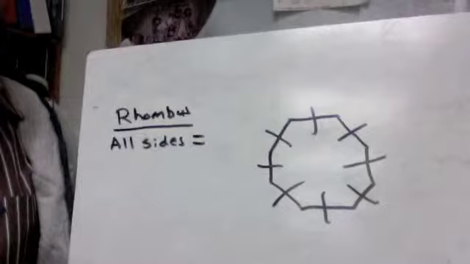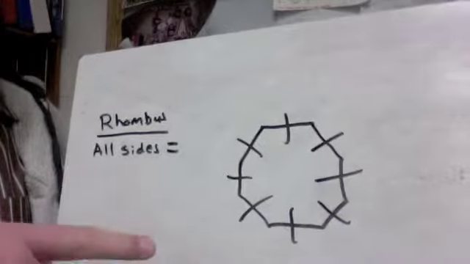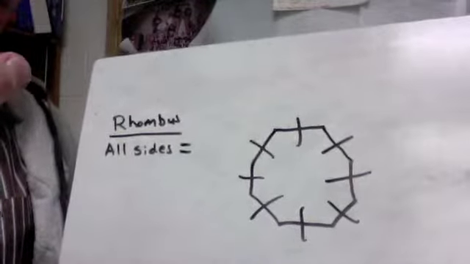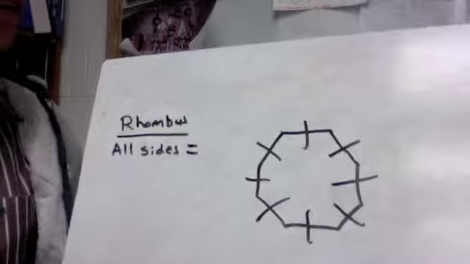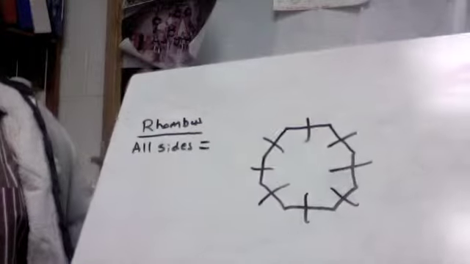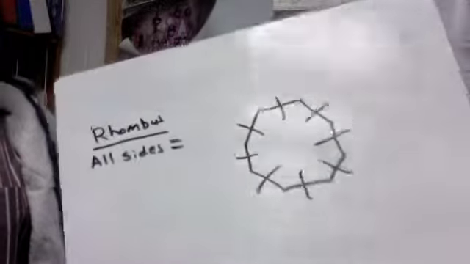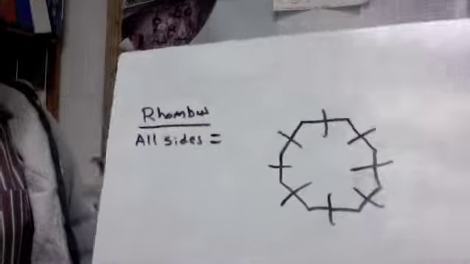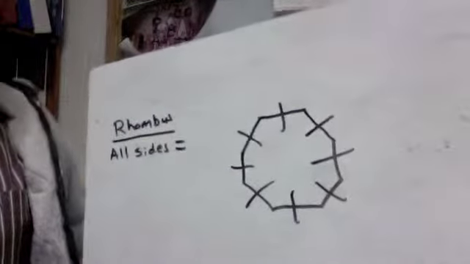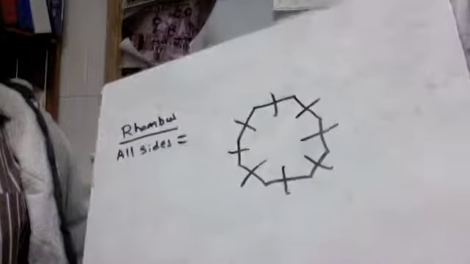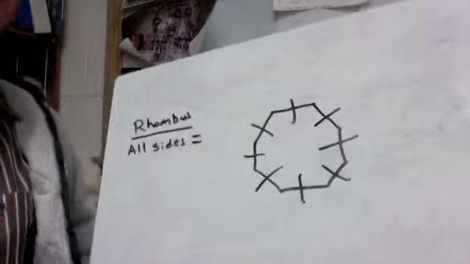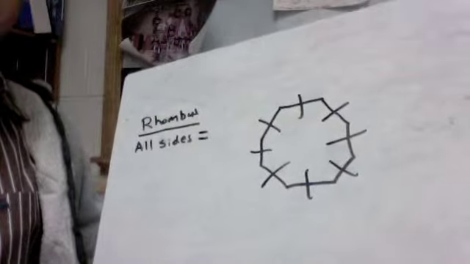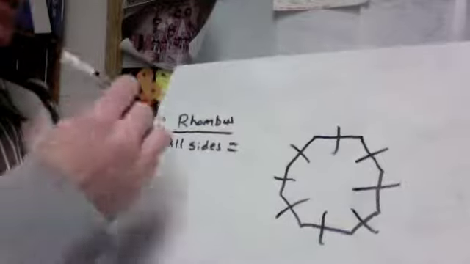All right. Can this octagon be a rhombus? That's the question for here. A rhombus, all sides have to be equal, so you'd say, sure, an octagon would be a rhombus. But it's definitely not. You have to remember that a rhombus is part of the quadrilateral family, meaning it's not just all sides equal, it's all 4 sides equal.